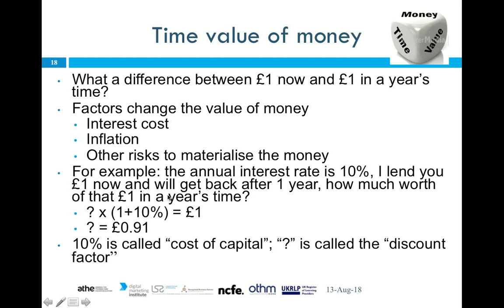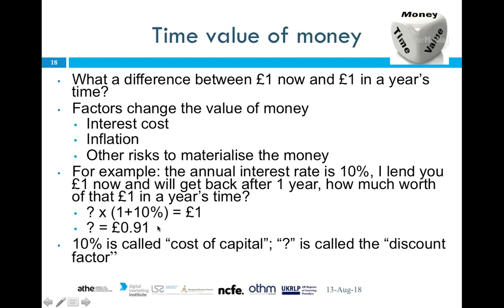So I'm giving you the £1 as a lender at a 10% interest rate, and how much is that £1 worth in 1 year's time? If it is £1 today, what will be the value after 12 months?